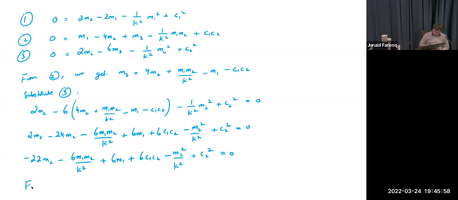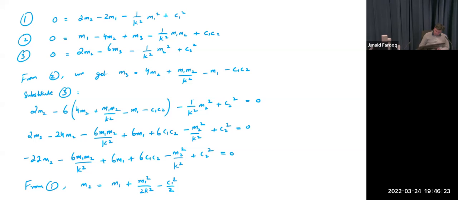So from equation 1, basically m2 can be substituted. So m2 can be m1 plus m1 squared over 2k squared minus c1 squared over 2.